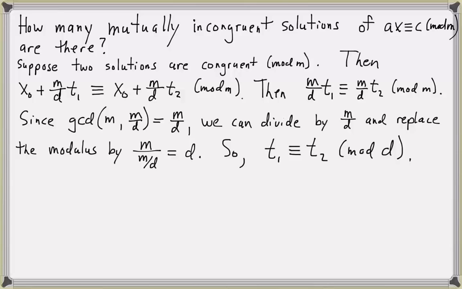Okay, so how many different ways could I have integers mod d? How many residues are there mod d? Well, there's d residues mod d, and so we see that there's d different possibilities for residues of integers t.